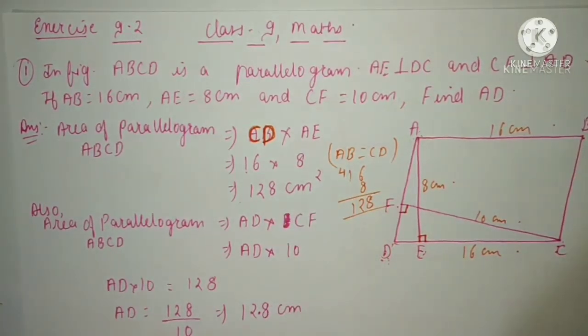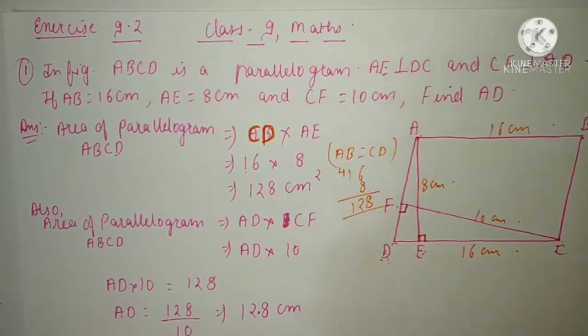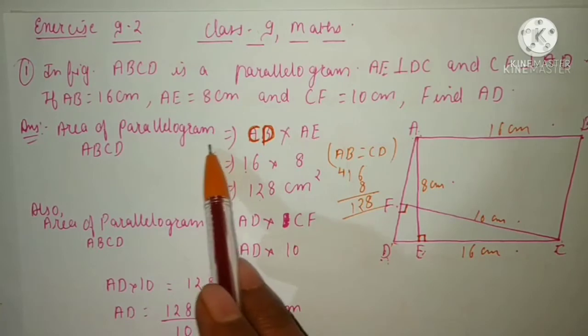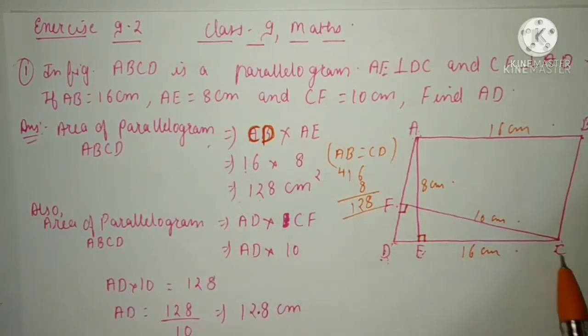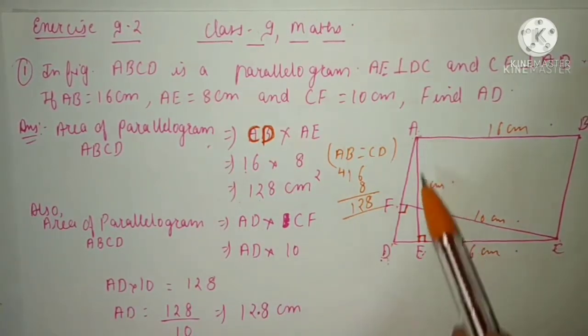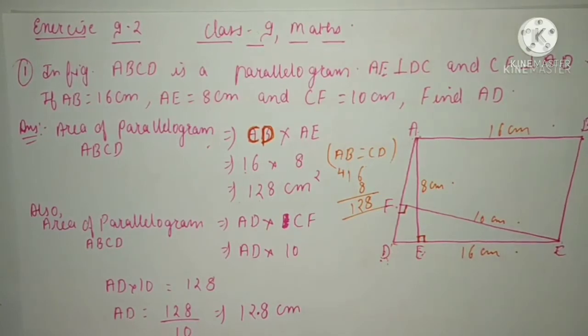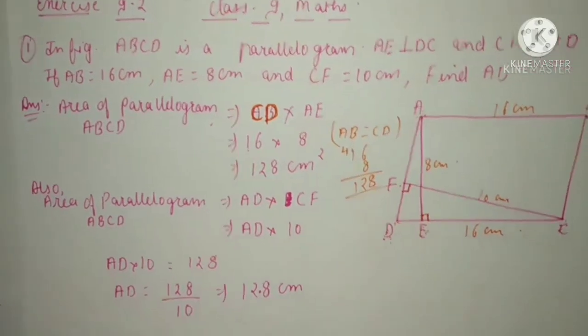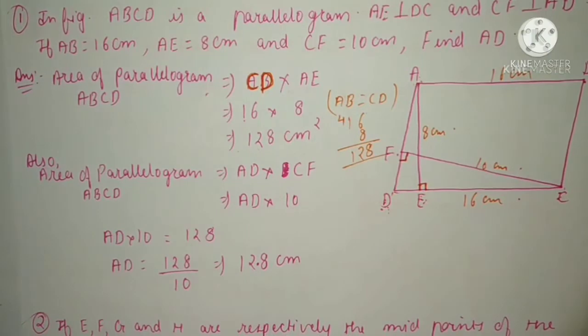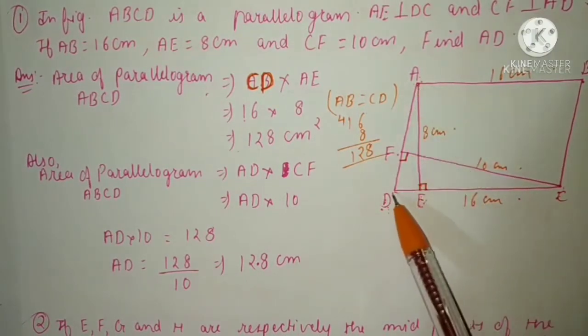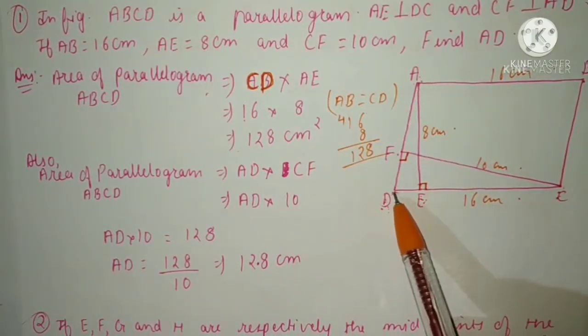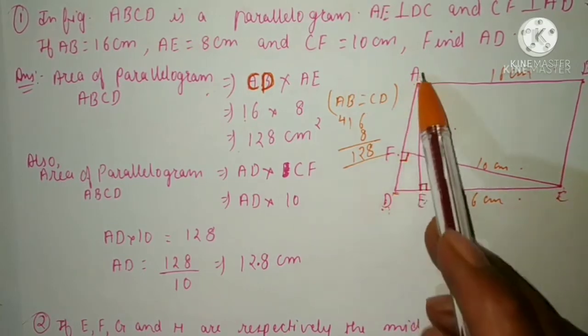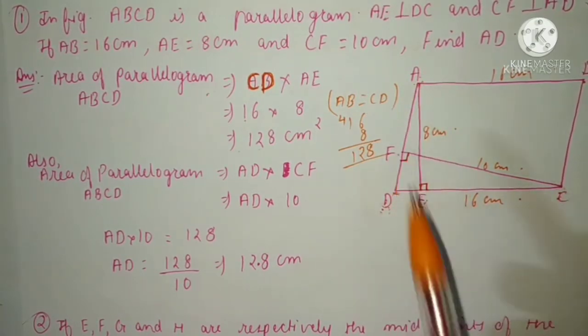Okay. Now see, since the area of a parallelogram is base into height, in this step we have considered CD as base and AE as height. Now there is one more way to find the area of this parallelogram. Now if we suppose that AD is base, okay, and CF is perpendicular to AD, so CF is height.